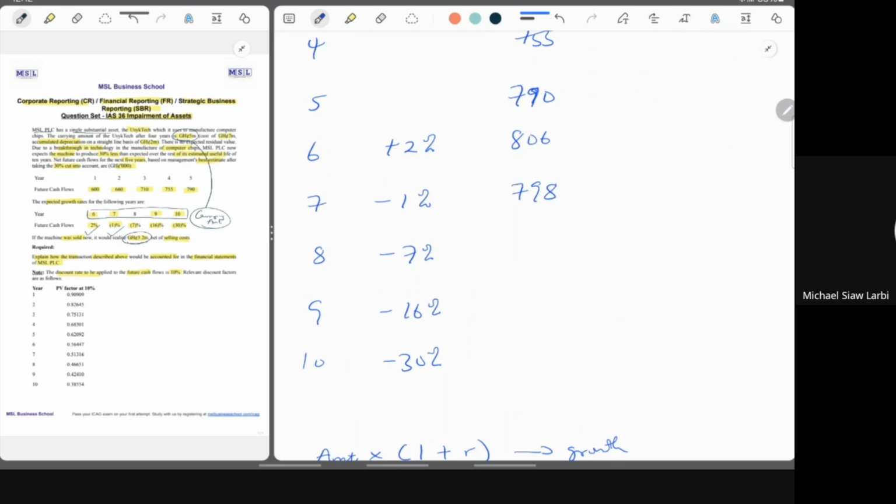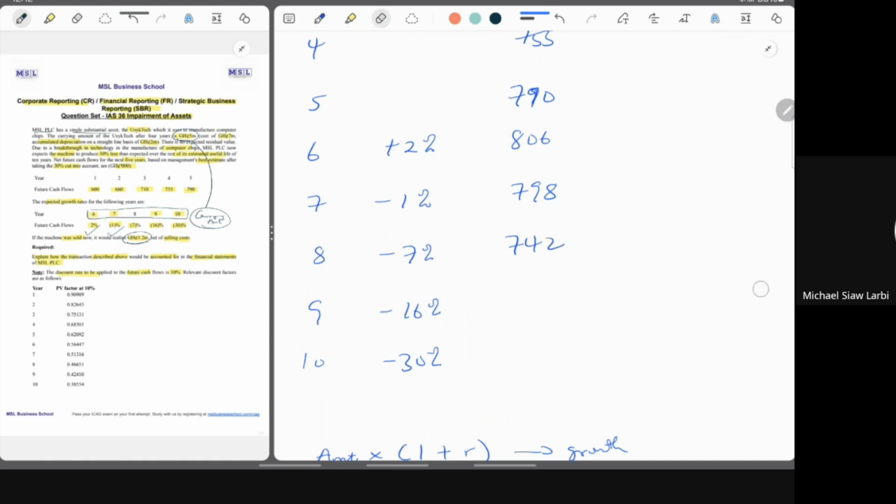The method continues. We take the 798 and reduce it by 7% to get year 8. So this will be 798 times 1 minus 0.07 to find the reduced amount. This gives me 742.14. Rounding off, 742.